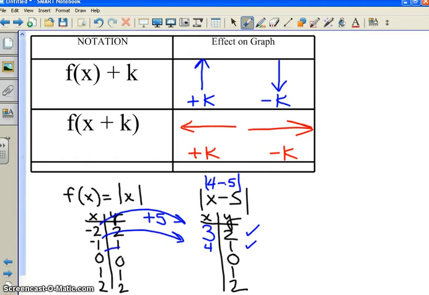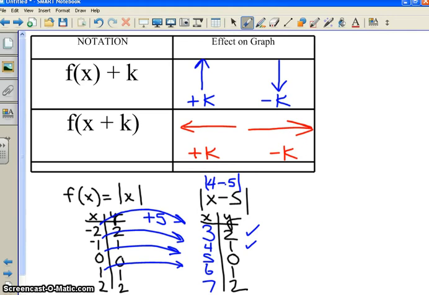And then I can just keep adding 5, or moving our x values 5 to the right, to keep our y values at 2, 1, 0, 1, and 2. So by minusing a number from our x value, we're actually shifting our points to the right.